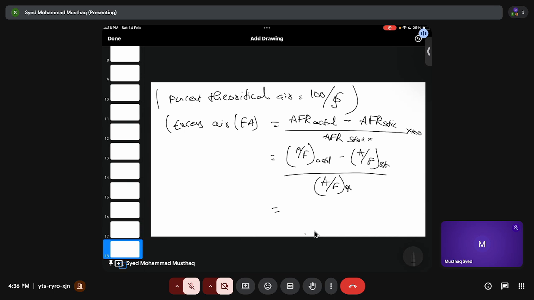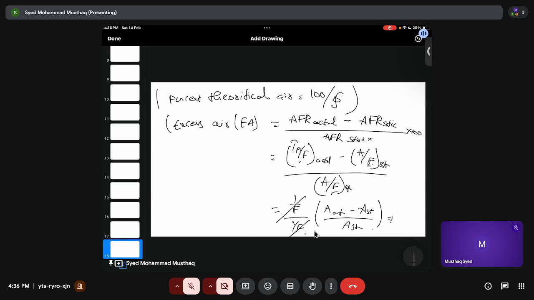So fuel is constant. We are not changing the fuel concentration. I am only adding extra air, right? So F is constant everywhere, so you can take F out on both sides. So fuel gets cancelled. So A actual minus A stoichiometric divided by A stoichiometric. So what does it give?